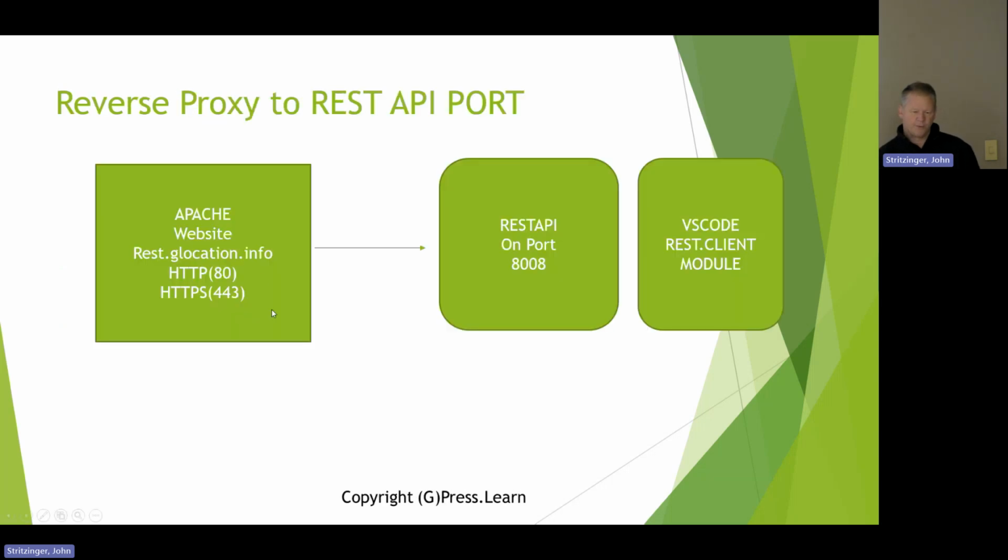Now, what we are going to show you tonight is grest.geolocation.info. Again, this is on a Google Cloud server across the world. We're going to hit a REST API, and then we are going to test it.